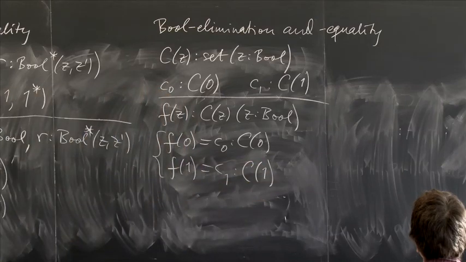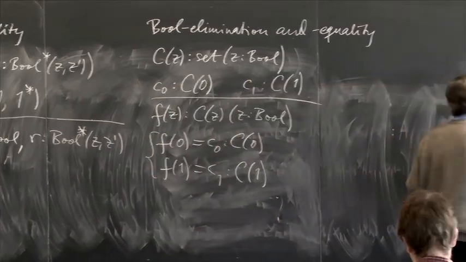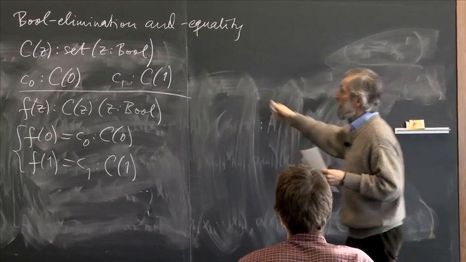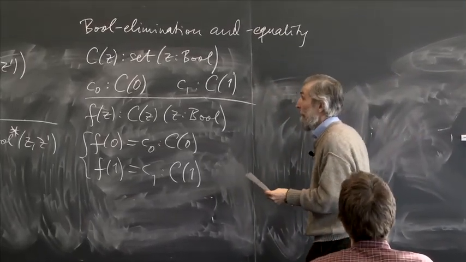So these are the standard rules. Now, what happens to them in the model? This is what happens when we put a star on everything in these rules.